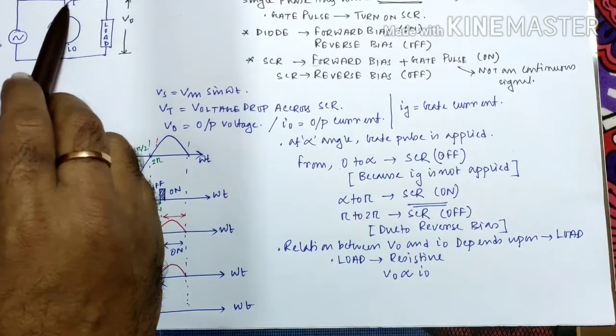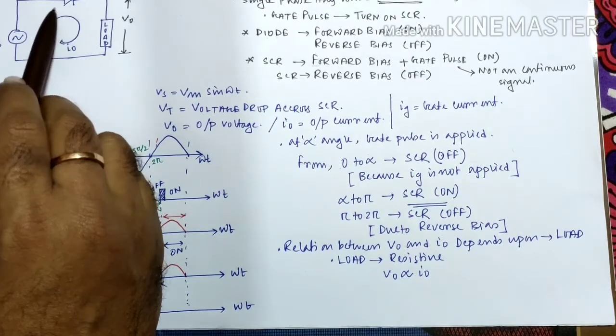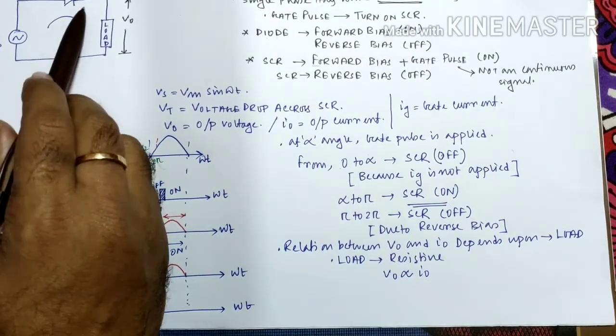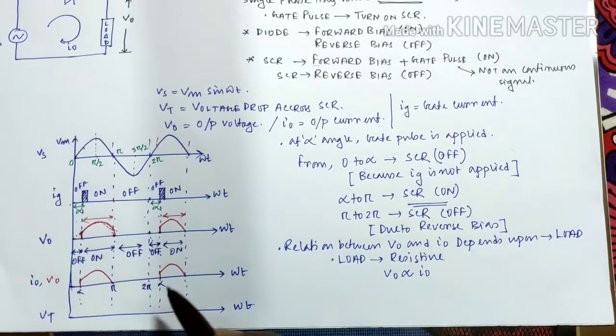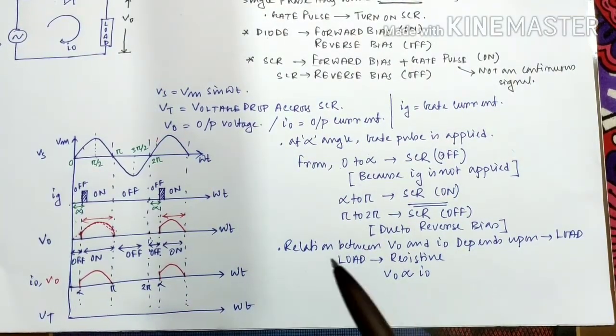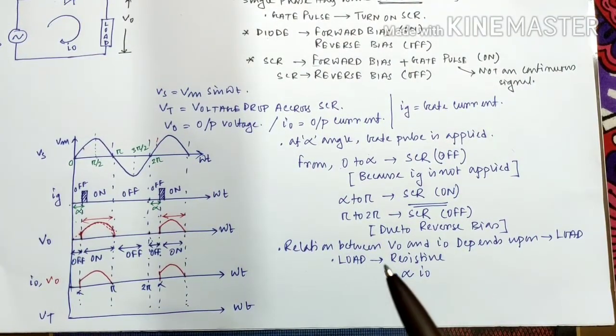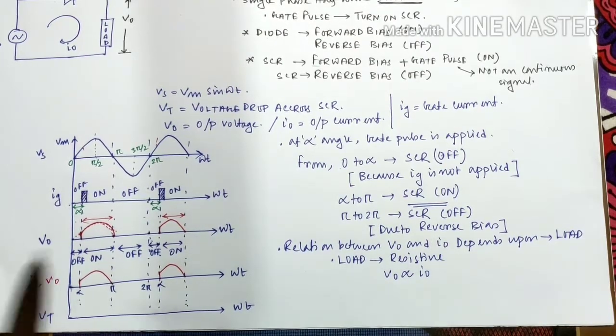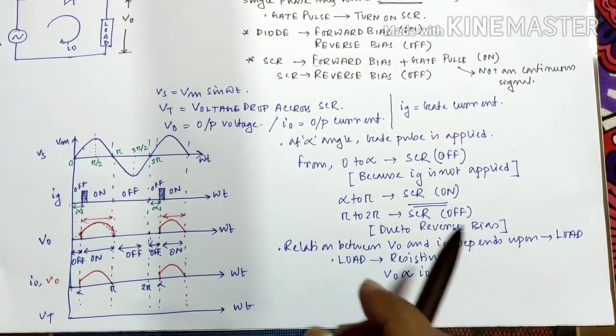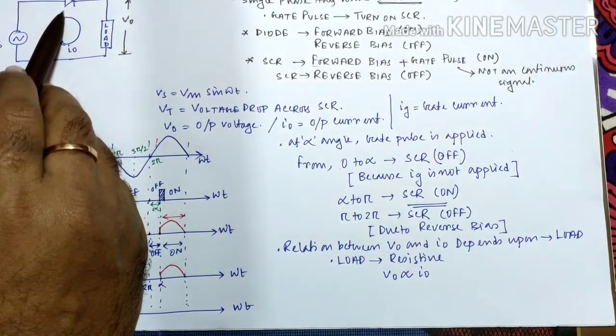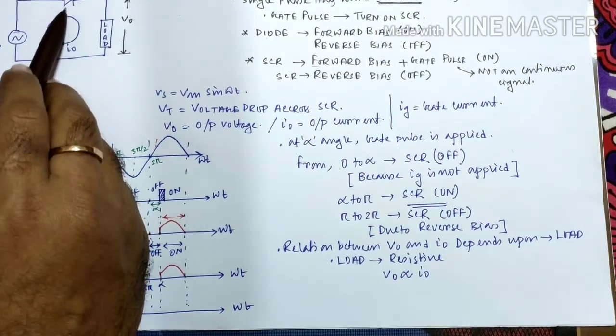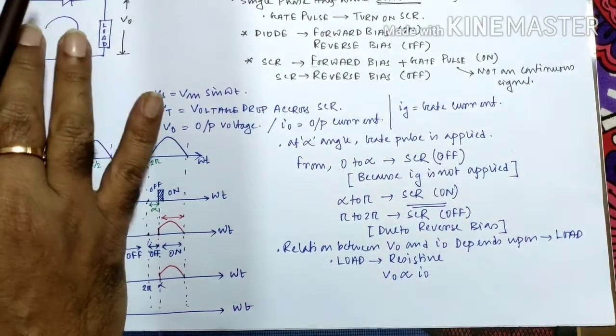When thyristor is on, then it works like a good conductor. A good conductor means the internal resistance will be 0 or equivalent to 0. So no voltage drop will be there. So whenever this SCR does not conduct, I will get Vt. When SCR conducts, I will not get Vt.